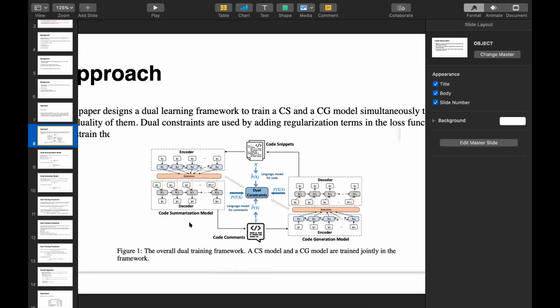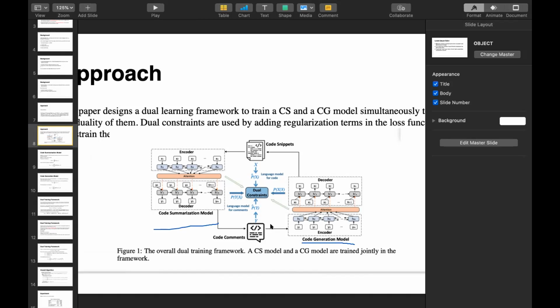Both models use a sequence-to-sequence encoder-decoder model, and the basic units are bidirectional LSTMs with the attention mechanism.